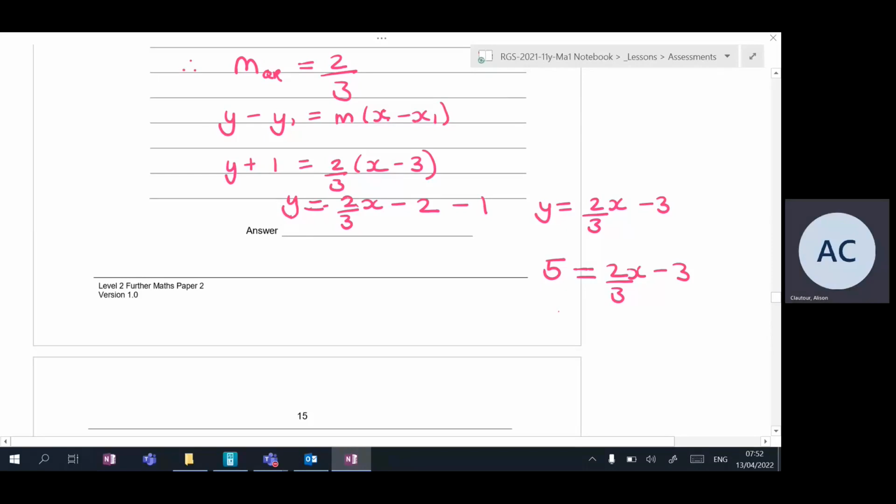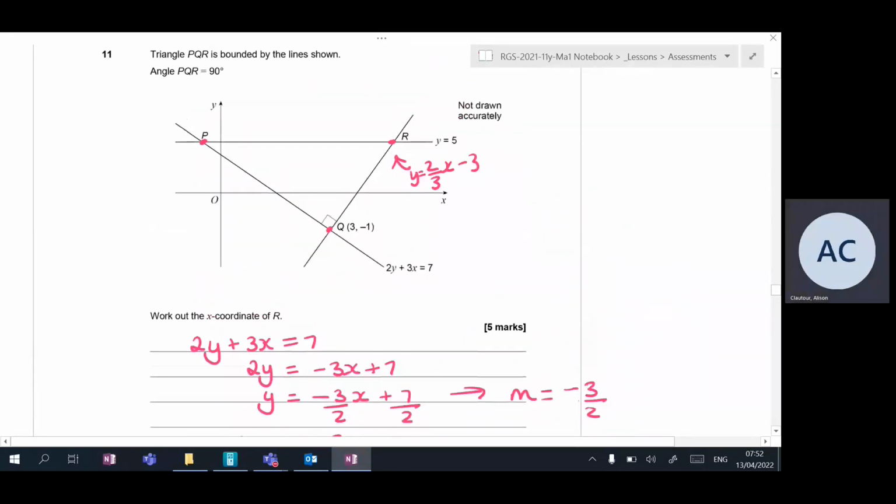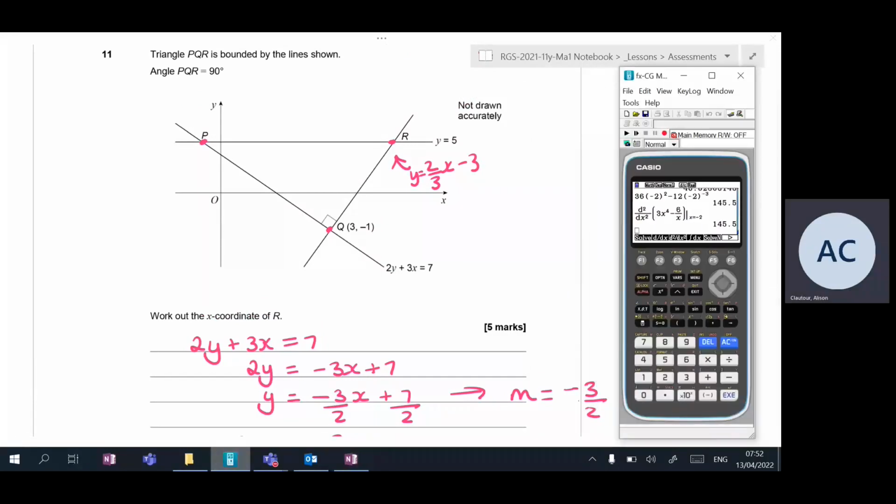So if we just solve that, that gives us x is 12. Okay, and we can check that on our calculator. So I'm just going to quickly draw the line two-thirds x minus 3, and the line y equals 5.